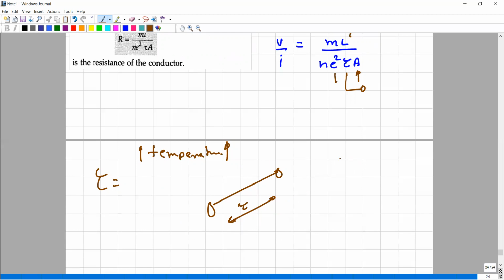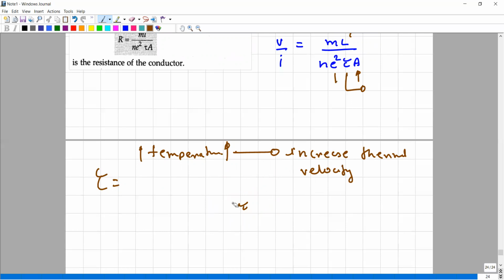Increase in the temperature will increase thermal velocity and decrease relaxation time.